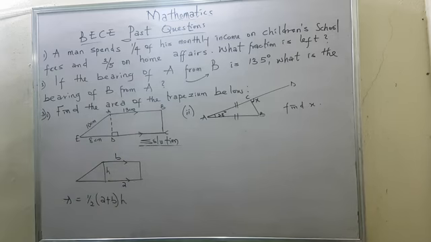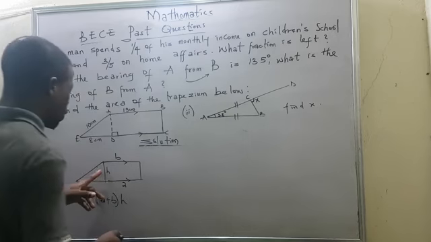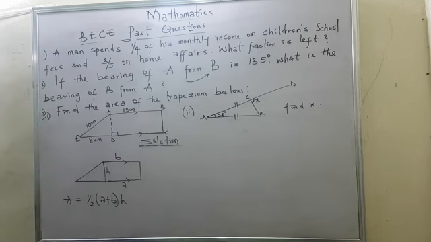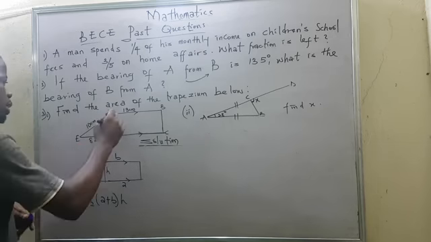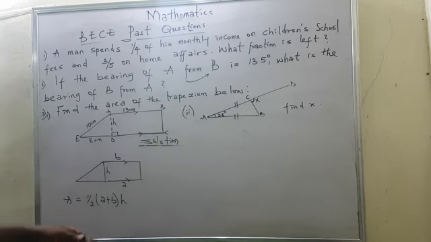So here, we don't have the height, isn't it? We have a triangle here. This broken line represents our height, but we don't have it. So we cannot calculate the area.